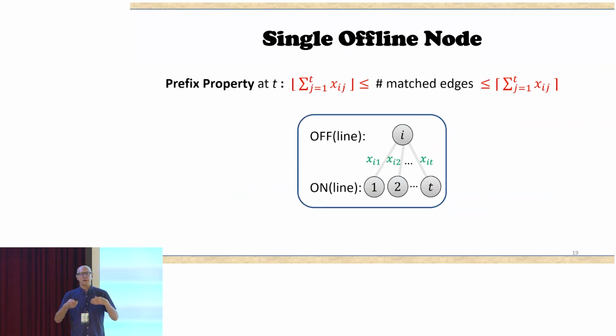When we do the matching, we would like to have the prefix property, which says that when at time t, when online vertex t has arrived, the number of matched edges is between the floor and the ceiling of the sum of x_ij, where j runs between 1 and t.